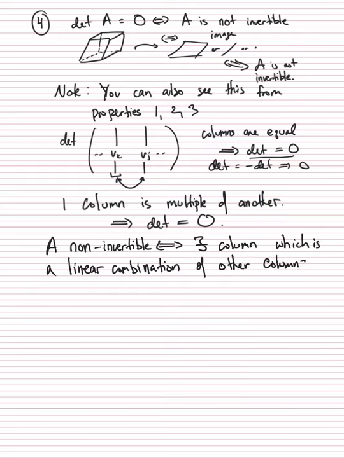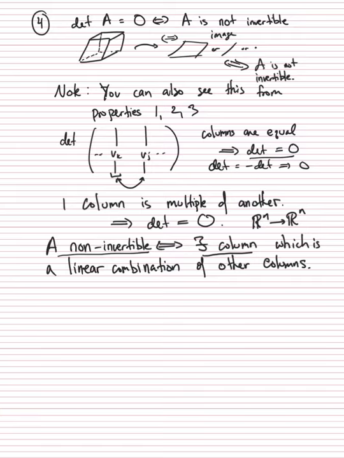Remember, these are only square matrices, and if a matrix is non-invertible, its image has smaller dimension. So you're going from, say, Rn to Rn, but the image is contained in some n minus 1 or less dimensional space. The columns correspond to a basis for the image, so if the image is smaller dimensional, it means that one of the basis vectors can be written as a linear combination of the other ones.